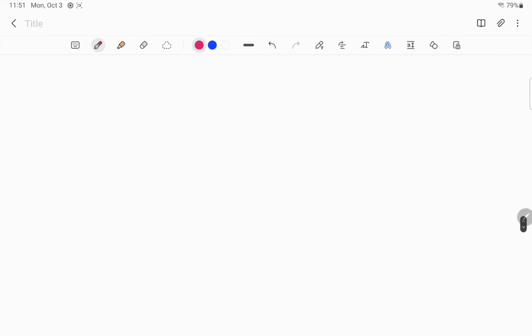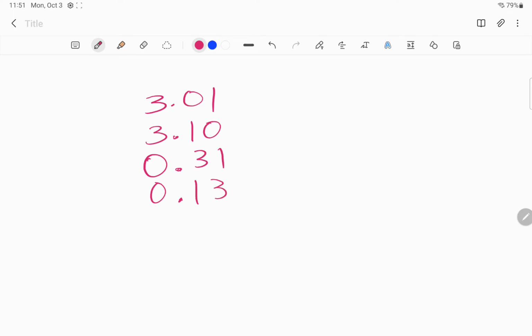All right, let's move on to valuing our decimals. Now, the easiest thing to do with this is just to line them up, just like this. We have 3 and 100th. We have 3 and 1/10. We have 31 hundredths. And we have 13 hundredths. Okay, what I want you to do is pretend, well, we know these ones are bigger because we have 3 wholes, and we know these ones are smaller because they are 0 wholes.